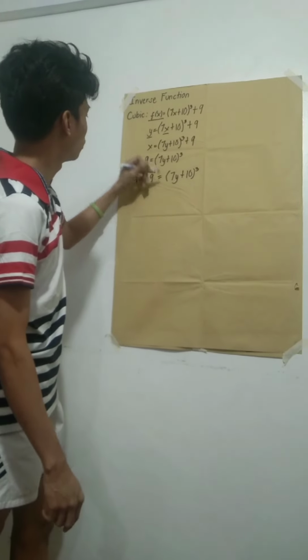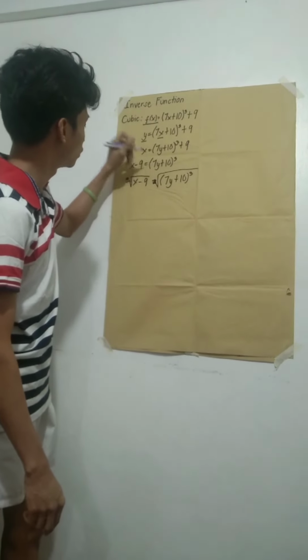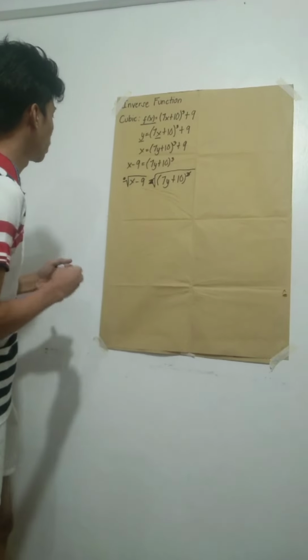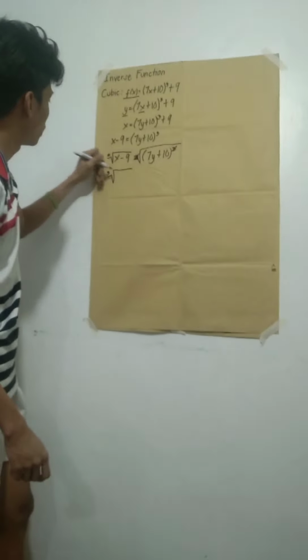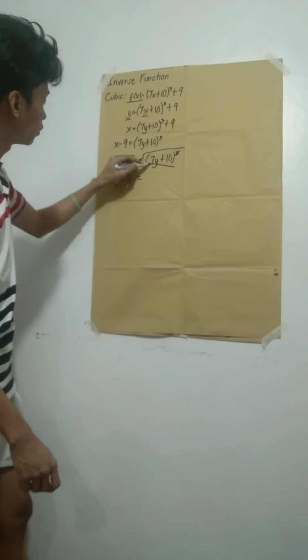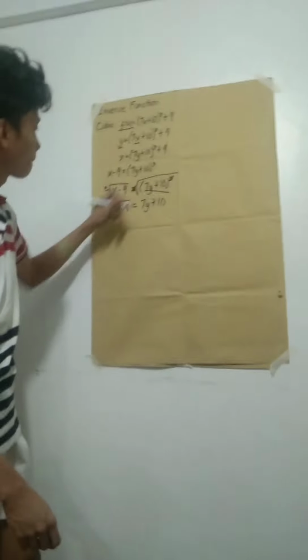We're going to cube root that. So the cube root is cancelled, the cube is cancelled, so that would be the cube root of x minus 9 equals, copy this one, 7y plus 10.